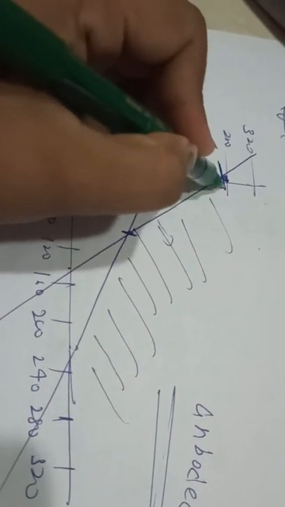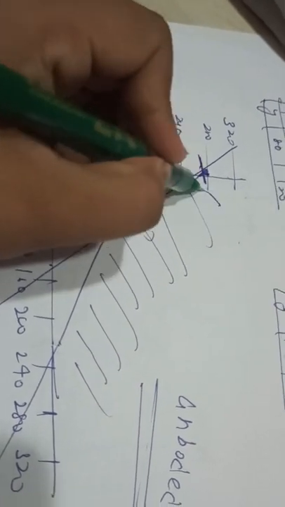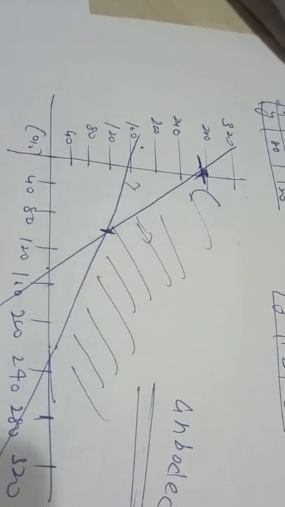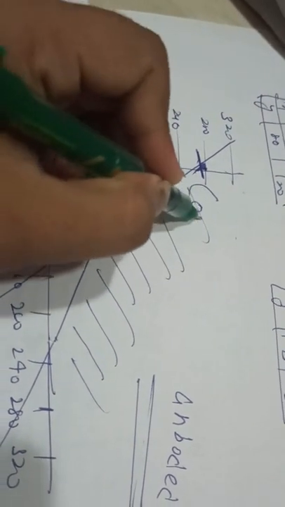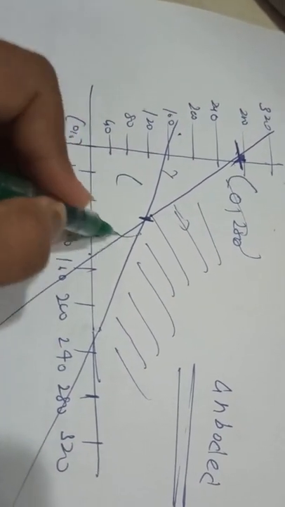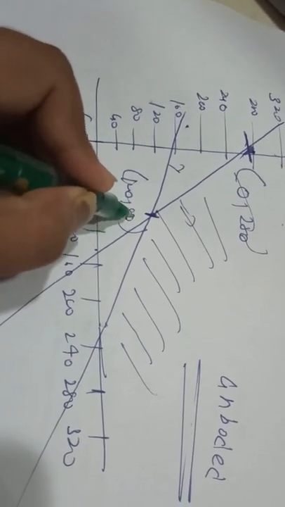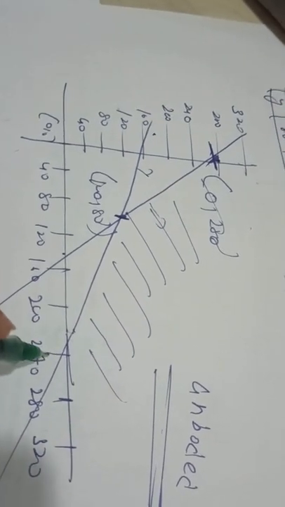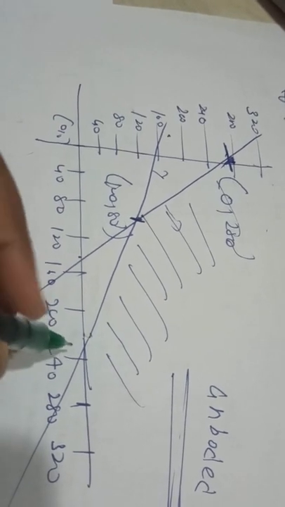So this point is what? 0 and 280, and the second point is 100 and 80, and this last point is what? X is 700 by 3.